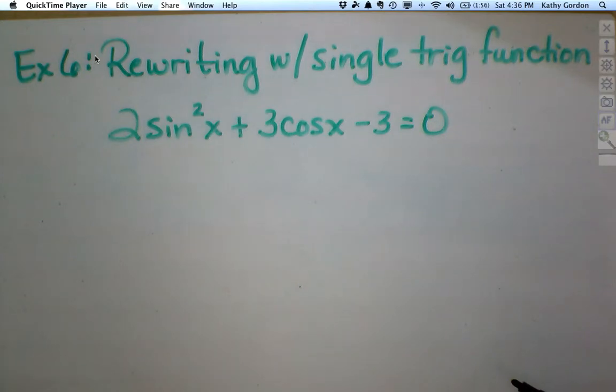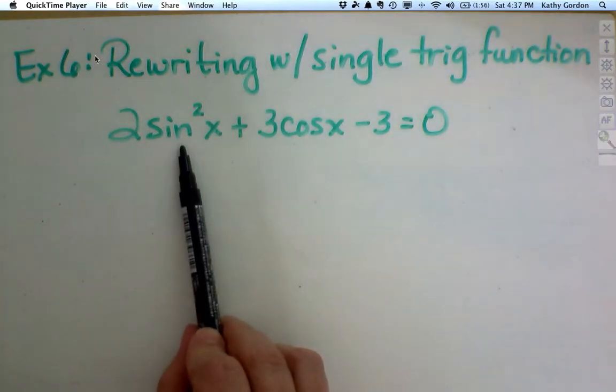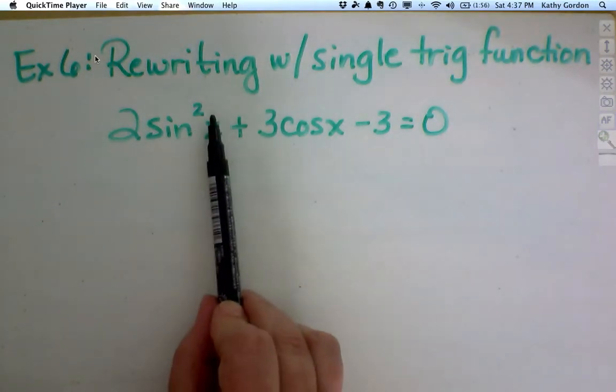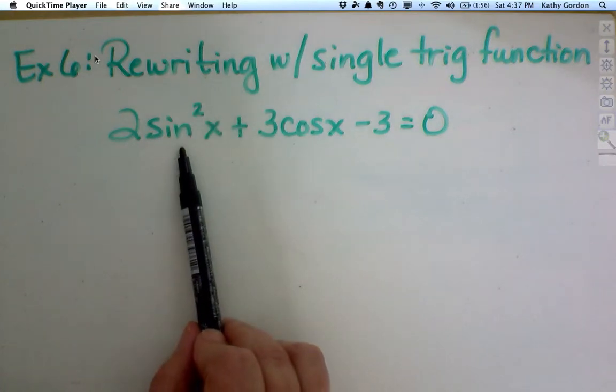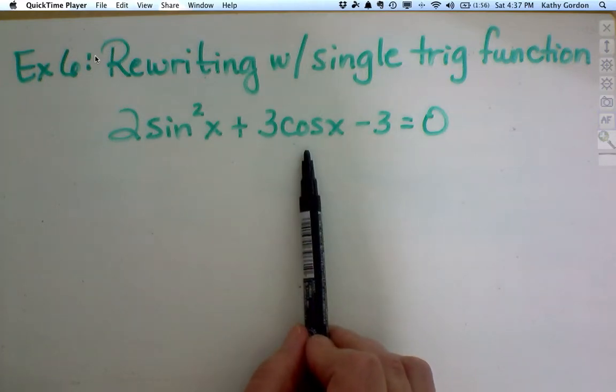So which trig function can we replace with an identity that contains the other trig function? In other words, is it going to be easier to find something to replace sine squared with something that has a cosine in it? Or is it going to be easier to replace cosine x with something that has a sine in it?